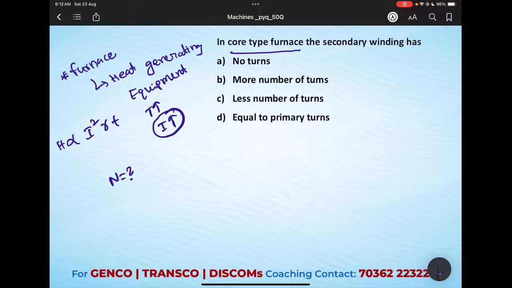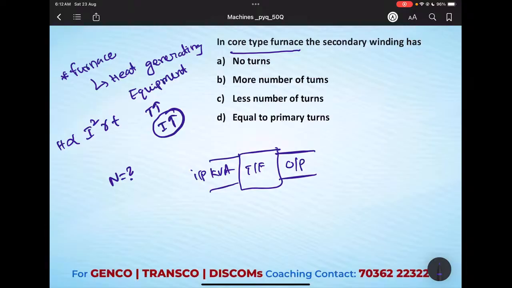In a transformer, whatever input kVA is there, output kVA will be almost the same. So in general input kVA equals output kVA. kVA is nothing but V1 I1, output kVA is nothing but V2 I2.